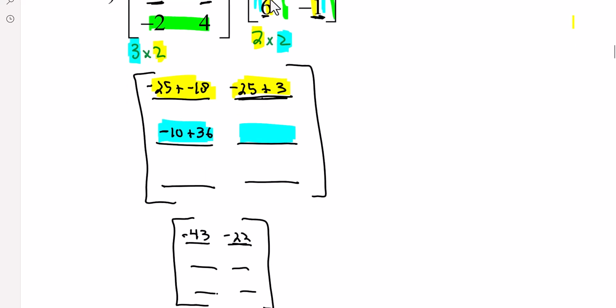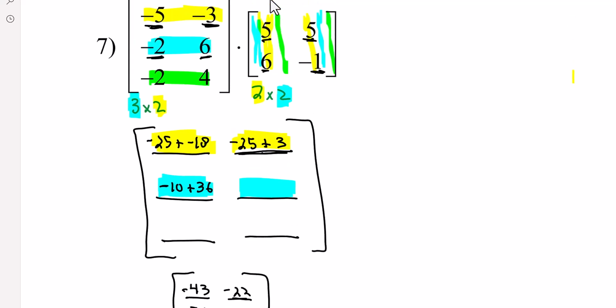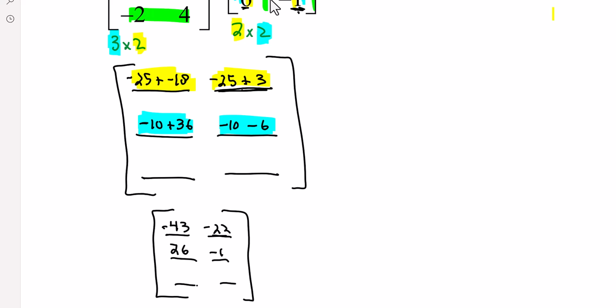Add those two together, you get positive 26. And then we're going to do negative 2 times 5, which is negative 10. And then 6 times negative 1 is negative 6. Add those together, you get negative 16.